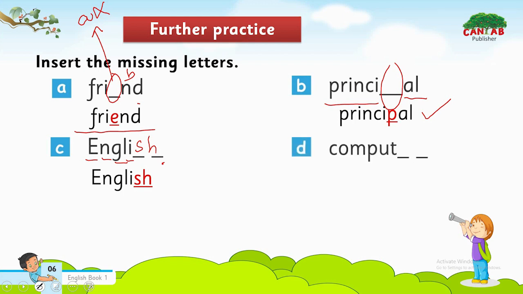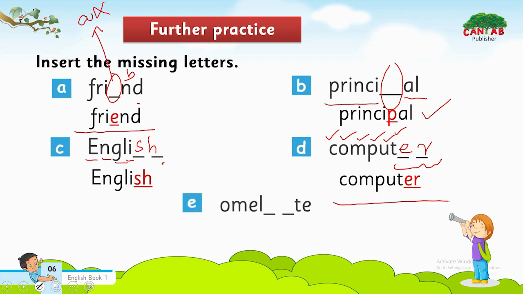The fourth one is C-O-M-P-U-T, compute. And two letters are missing. What should it be? This should be E and R. So the right option is computer. Yes, shabash. The last one is, you have done it in the previous slide.